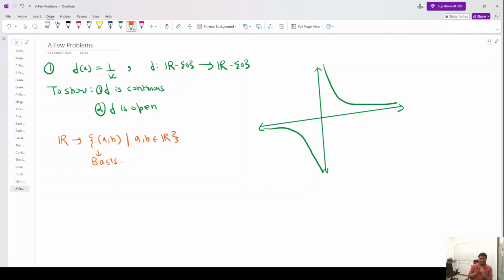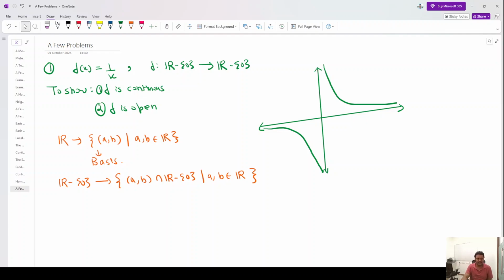But wait, your topology is on R minus 0. So what will be the basis for R minus 0? For R minus 0, the basis would be just these open intervals intersected with R minus 0. Is that fine?